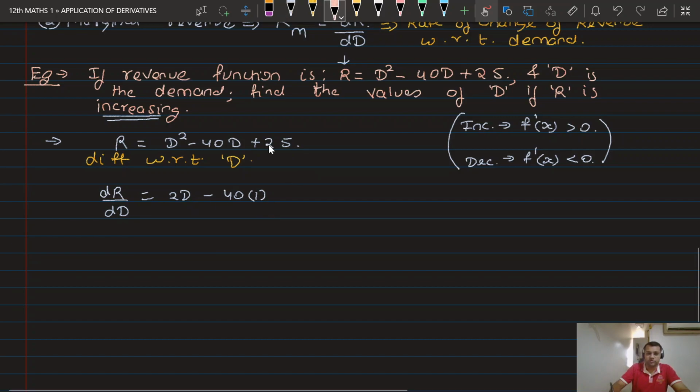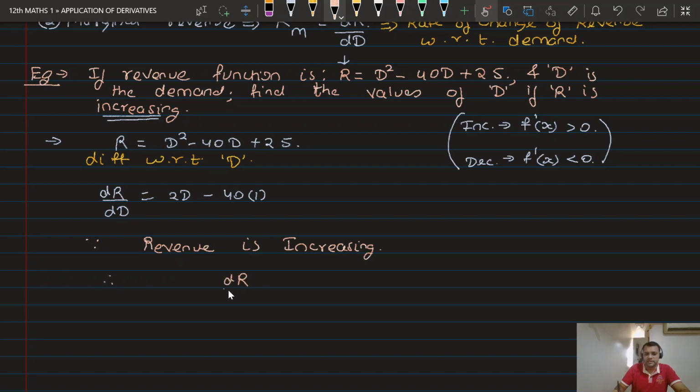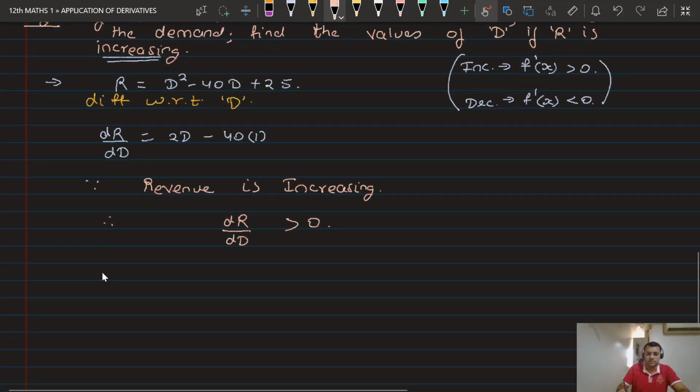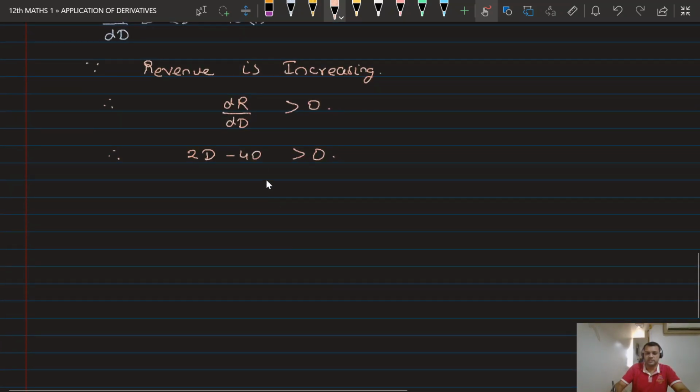So we have to write over here now, since revenue is increasing, the derivative is greater than 0, and therefore 2D minus 40 is greater than 0.